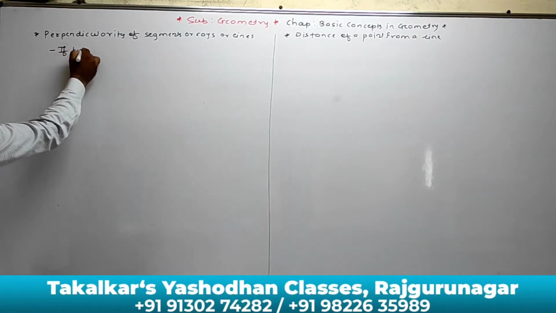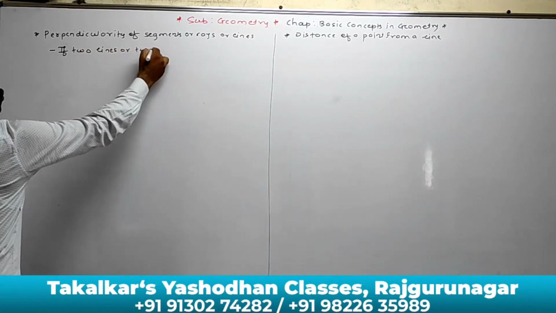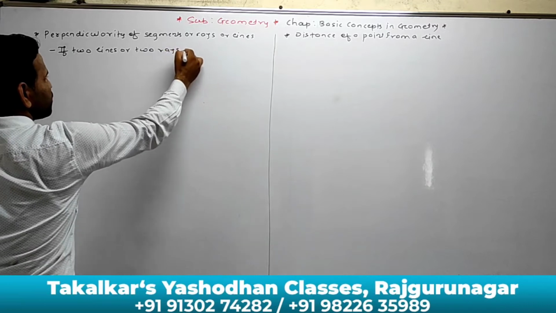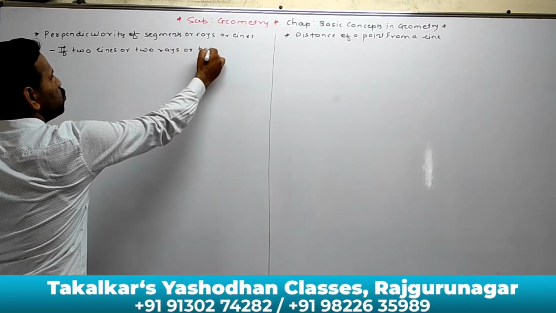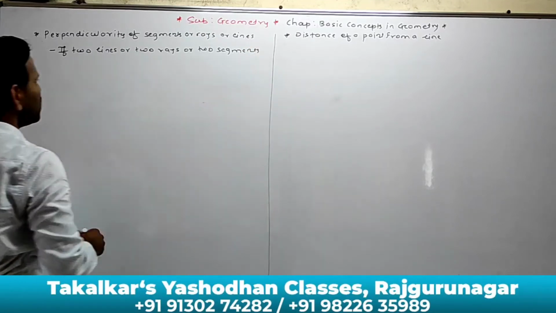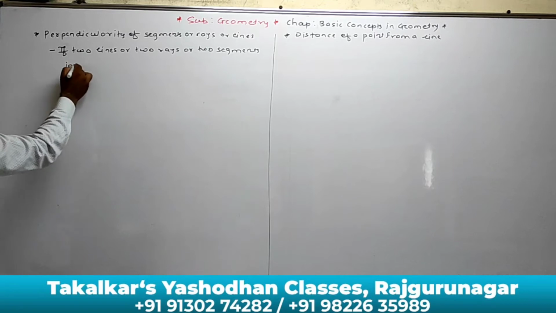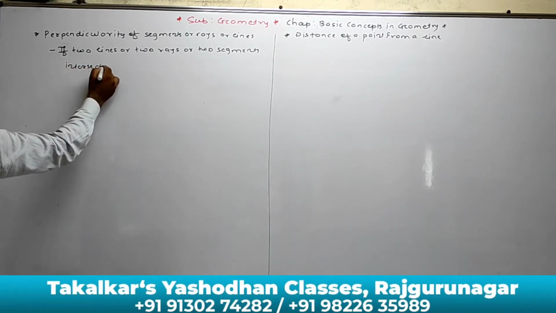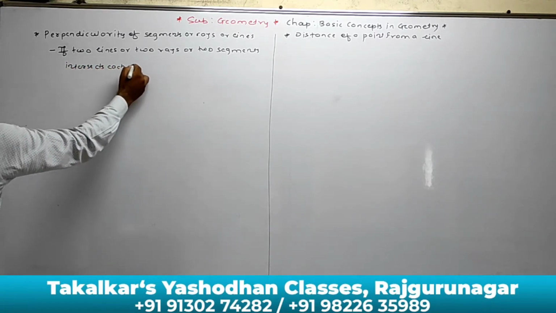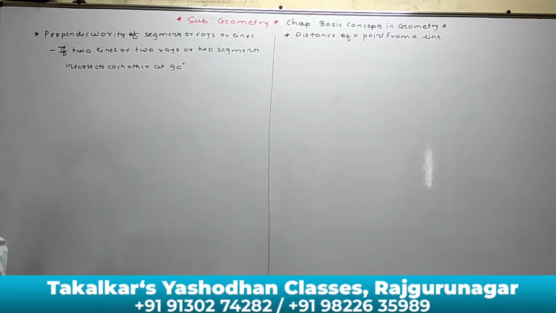If two lines, two rays or two segments intersect each other at 90 degrees. What does it mean?